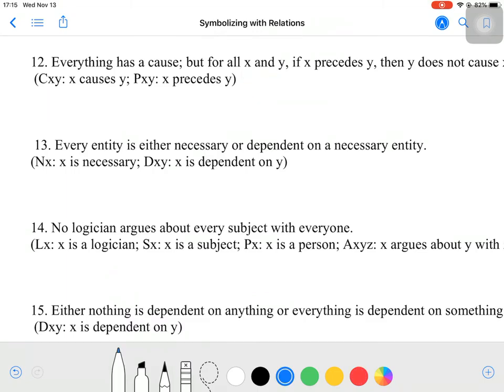In this one, we see that everything has a cause. So everything is going to be all x, it's universal, has a cause. So this is going to be y causes x. And a cause means that there's going to exist some y of some sort. And then we have this statement, but this means an ampersand. So this is going to be one clause, and then we're going to have a second clause.